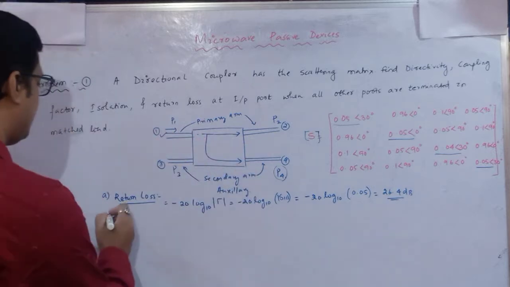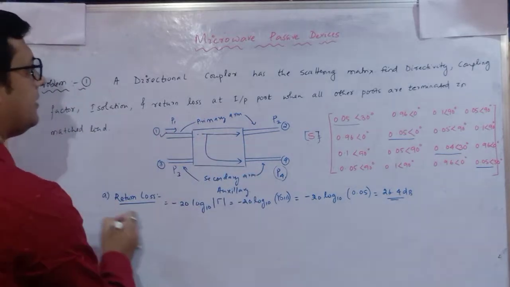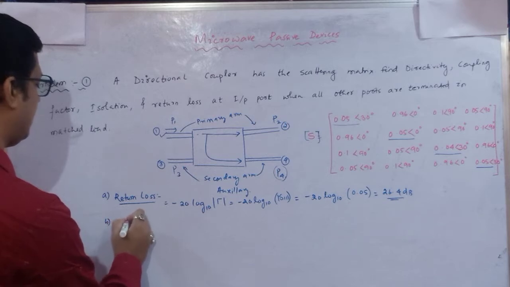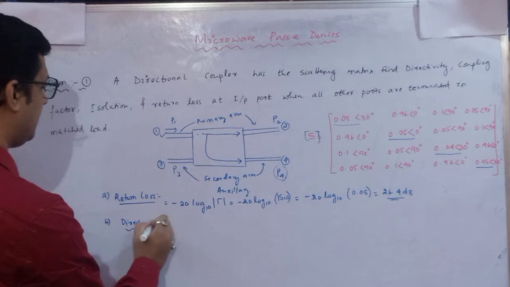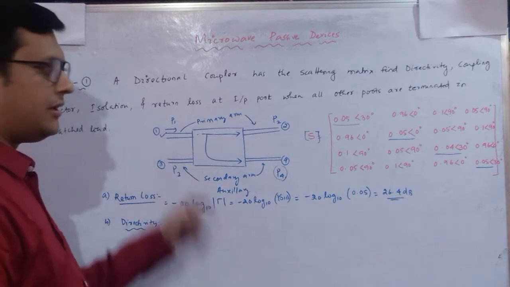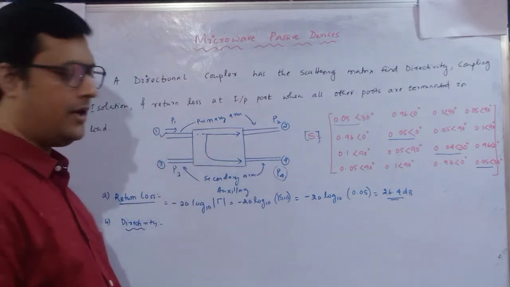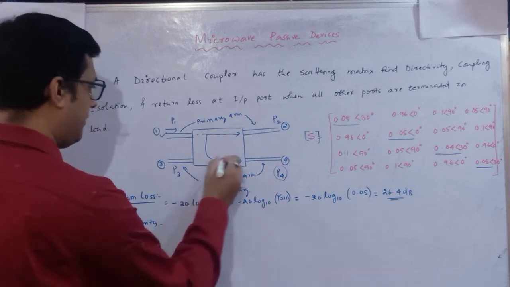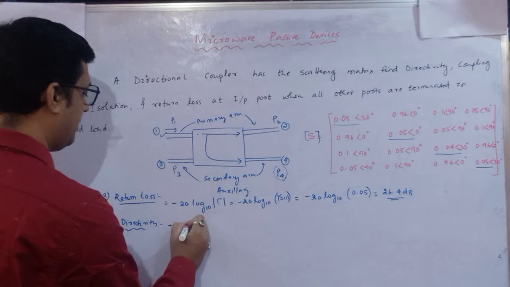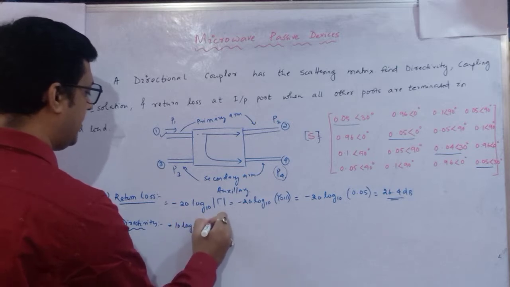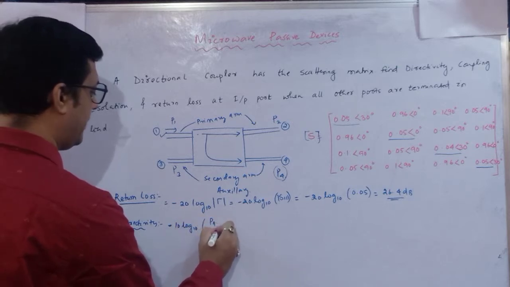Then we have to calculate the directivity. Directivity means we will see the auxiliary arm, and in this our relation is 10 log base 10 of P4 by P3.